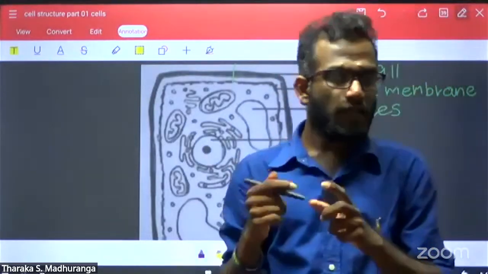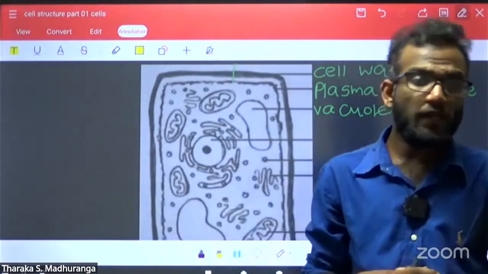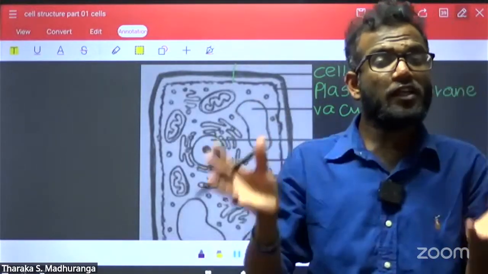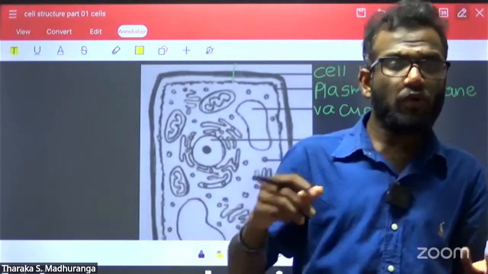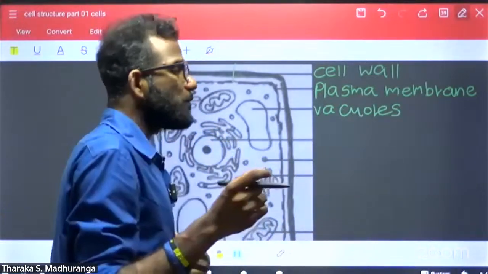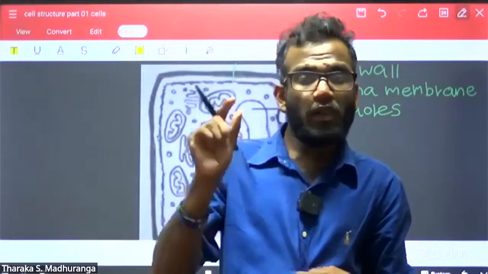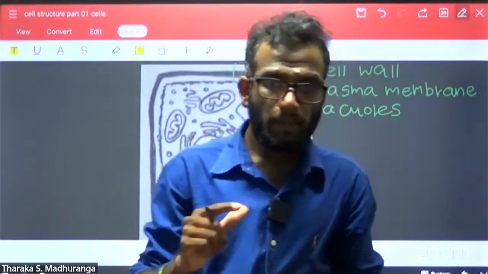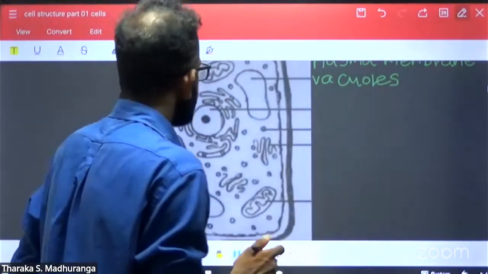Only plant cells contain large vacuoles. Animal and plant cells are both eukaryotic. Animal cells only have small, temporary vacuoles. Then this is the nucleus.